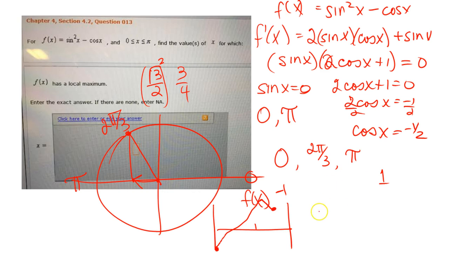So let's try it. We're going to take sine of 2 pi over 3 squared minus cosine of 2 pi over 3. I'm actually going to do that in my calculator. Alright, so sine of 2 times pi divided by 3.